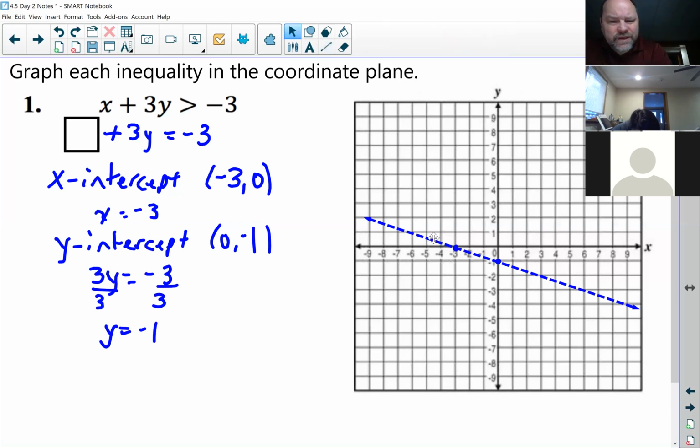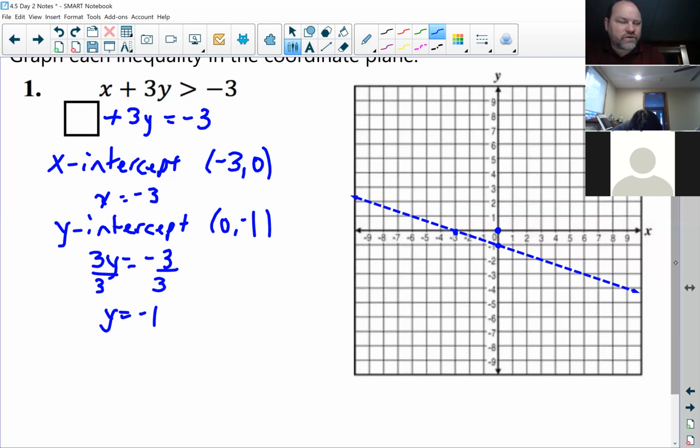Again, with these, I like to draw and use up all of the grid that I have, rather than just as little as possible. Personal preference. Pick a point. I'm going to pick 0, 0. I should say pick a point that's not on our line and see if that inequality is correct or true.